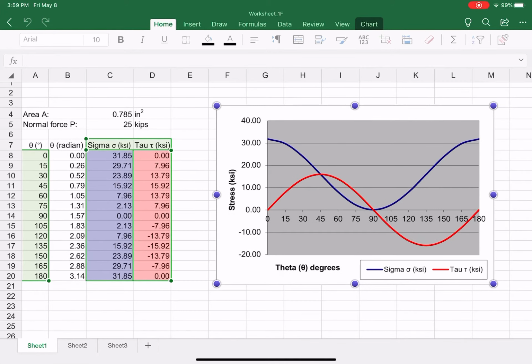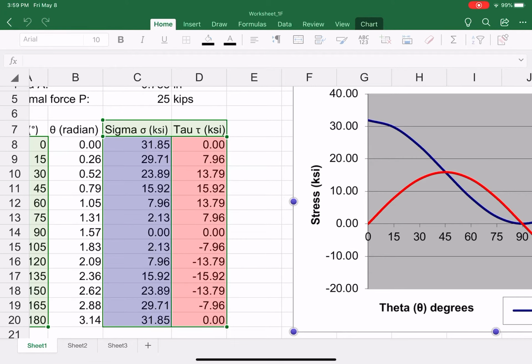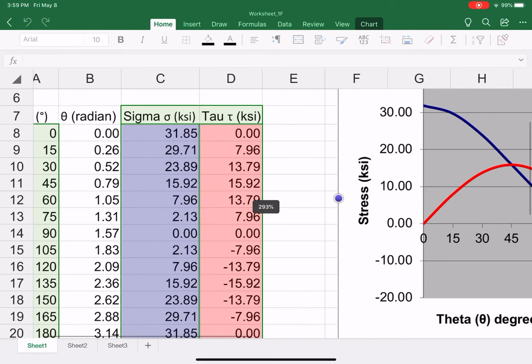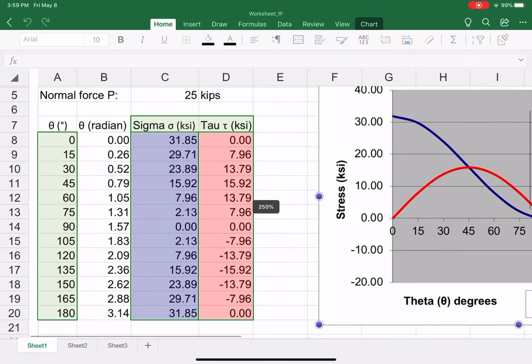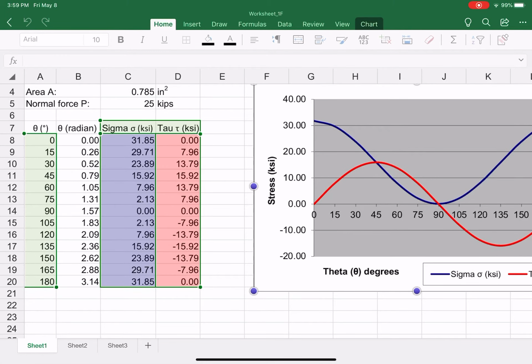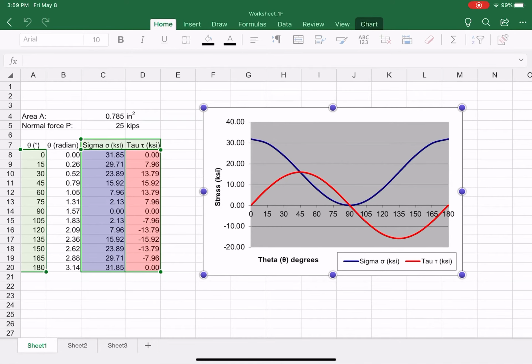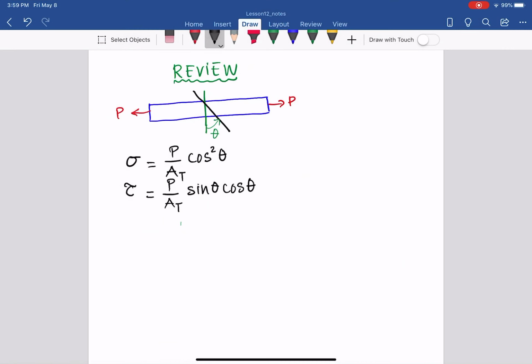And right here with the numbers, you can see that at 0 degrees sigma equals 31.85 KSI, and at 45 degrees tau equals 15.92, so the maximum tau is half of the sigma max.